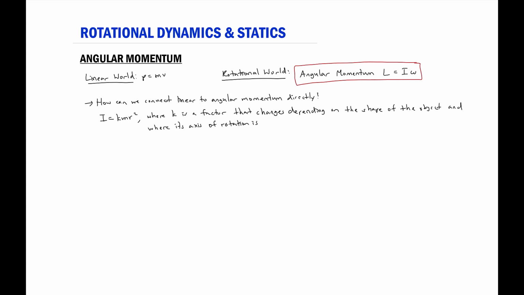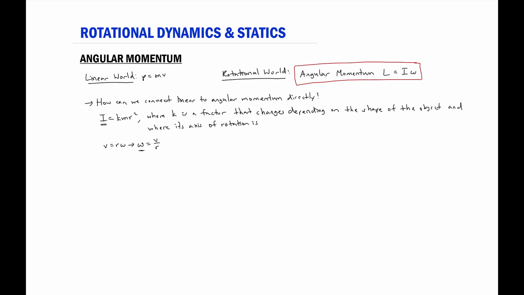Another thing we know is that V is equal to R times omega. So omega is equal to V over R. So now we have two different ways of representing our I and our omega that have to do with the linear world, because M and R and V have to do with linear quantities.